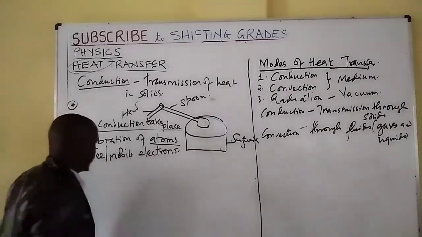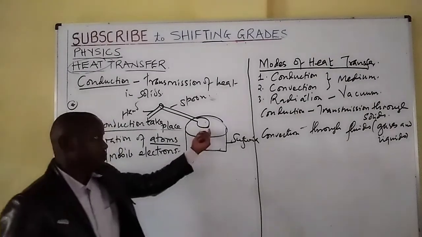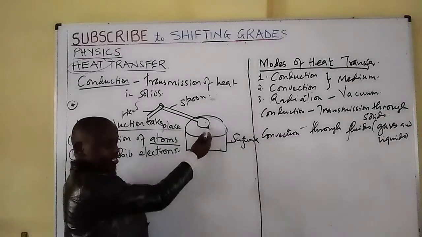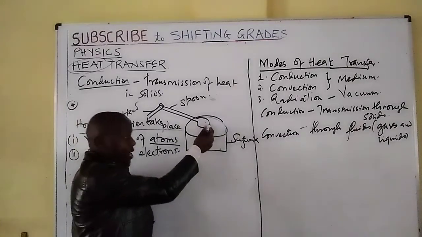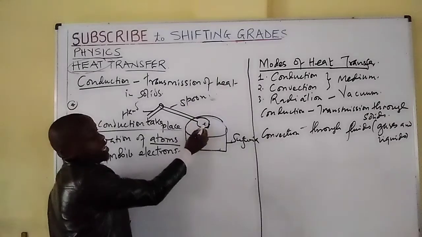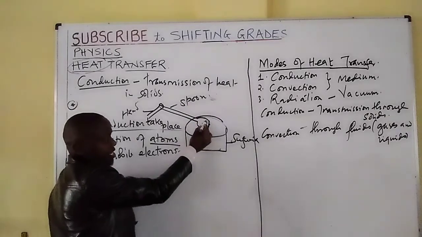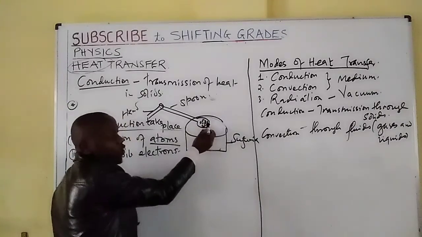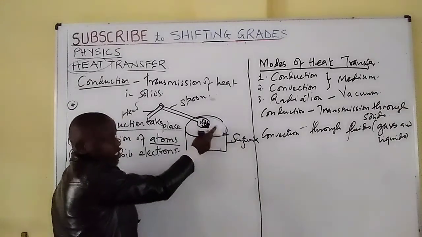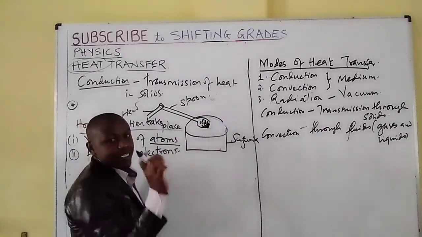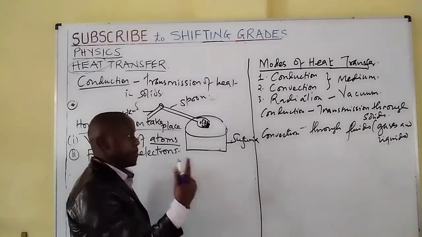So atoms in the structure of a spoon, once they get heated here, they vibrate, and once they vibrate, they affect the vibration of the neighboring molecules. Once these molecules, which are in contact with the hot stuff, get heated and their kinetic energy is increased, they vibrate.